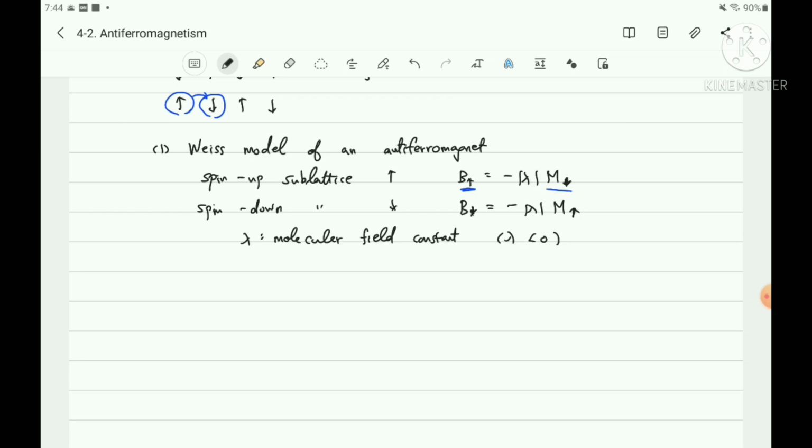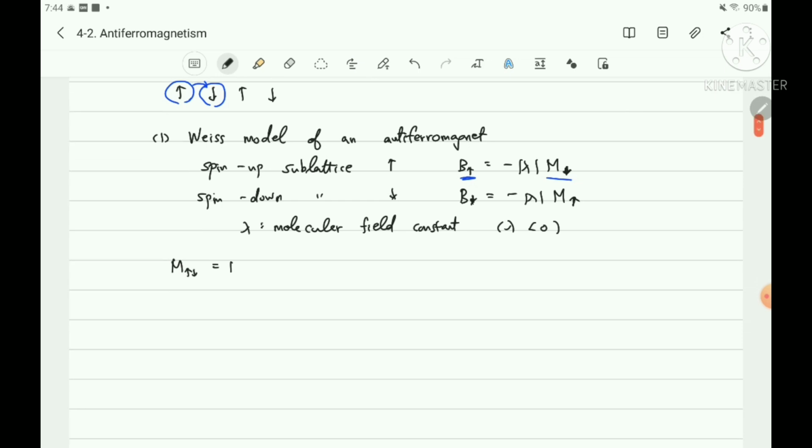Therefore, the magnetization value for the up and down can be written as M_s B_J, a function of the y value, that is g_J mu_B J lambda, but here the absolute value of lambda, and the magnetization over k_B T is the y value.